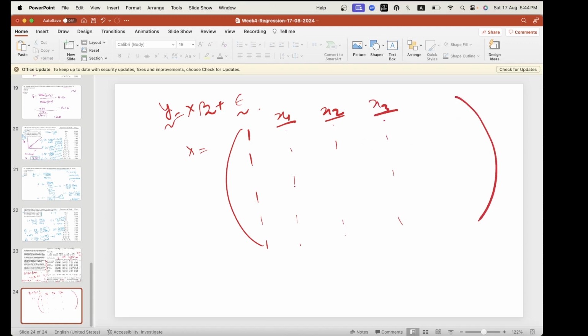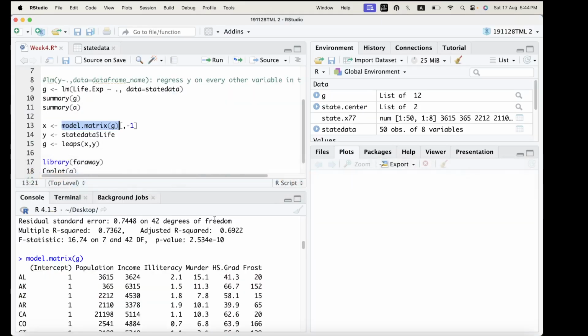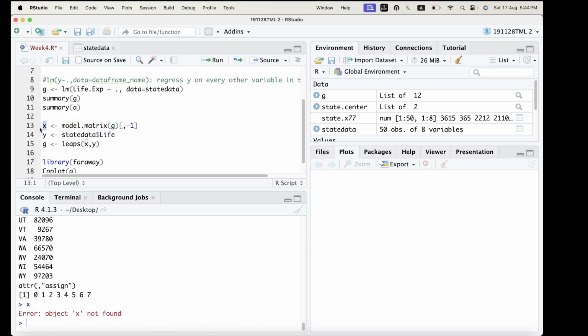So this matrix we can obtain by giving model.matrix and the fitted linear regression. That is what we have done over here. So model.matrix(g)[, -1], what this is doing is it is removing the intercept term, and we only have x1 to x6. So that is stored over here.